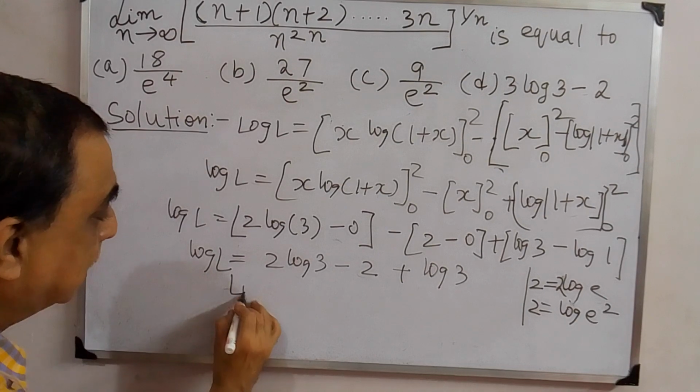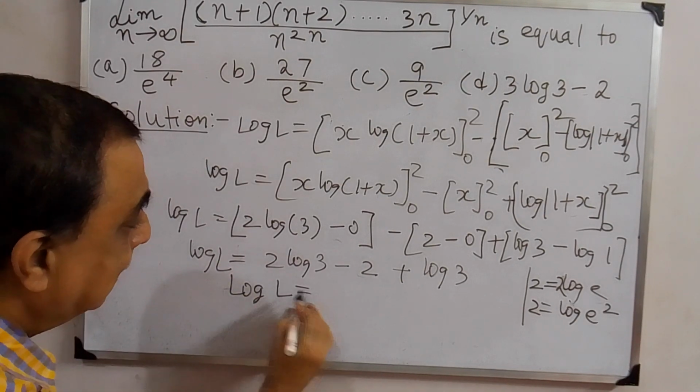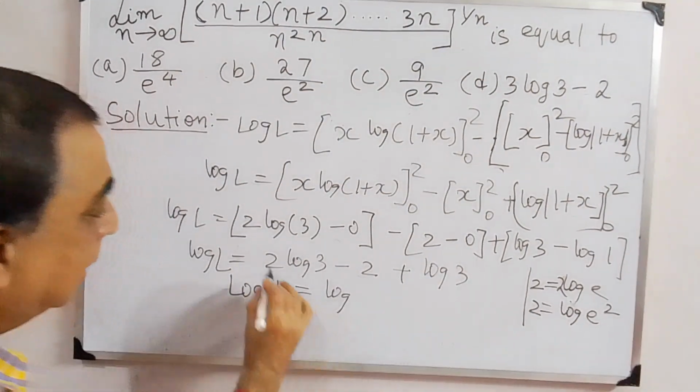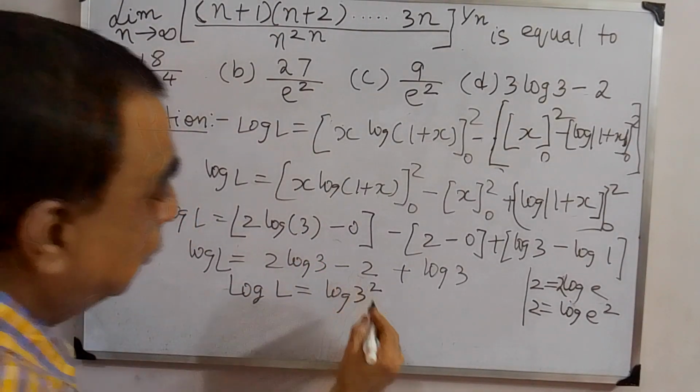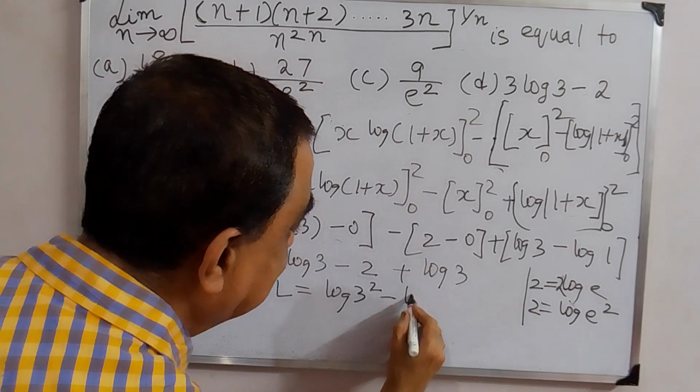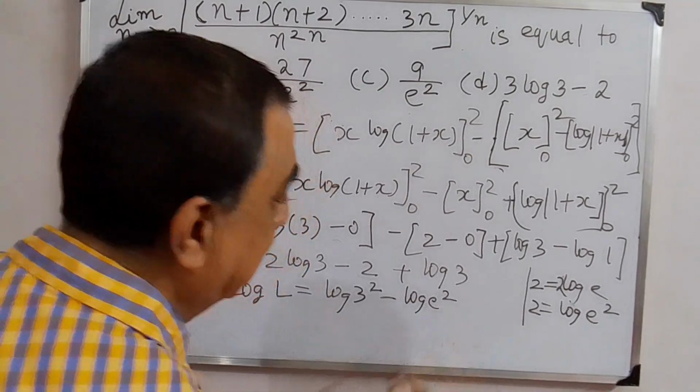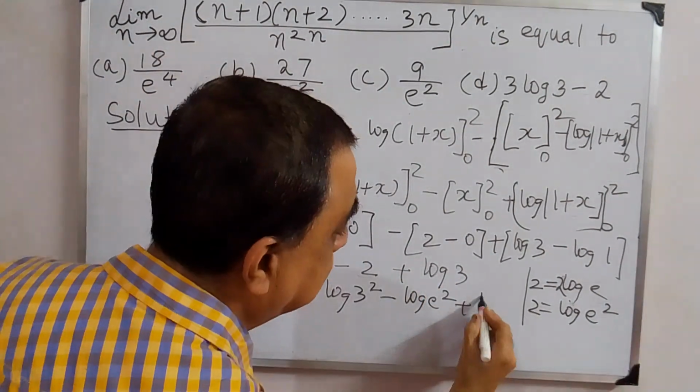So log L is equal to, here 2 becomes the power of 3, so this becomes 3 squared, minus log e squared, plus log 3.